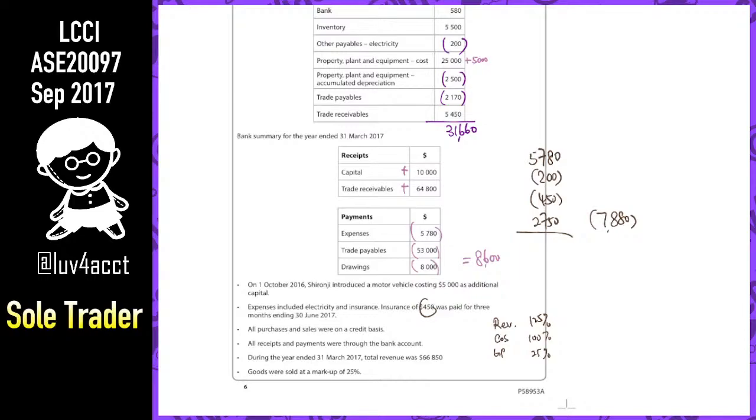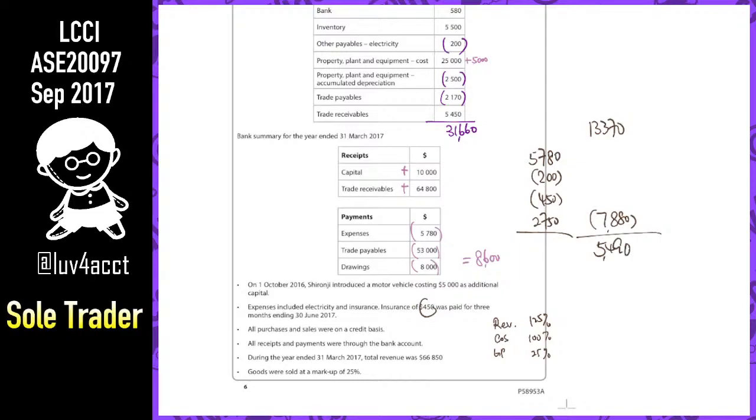850. Okay, that should be 13370. That will give you 5490.